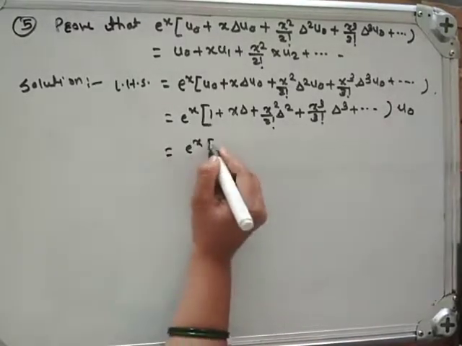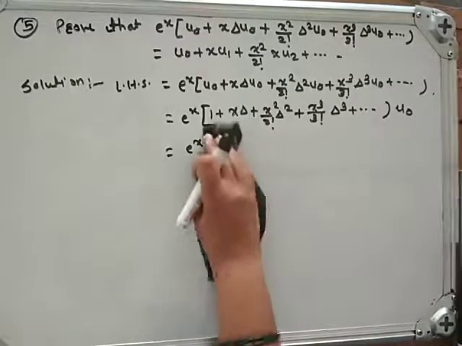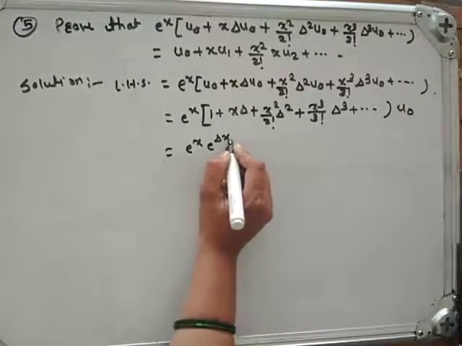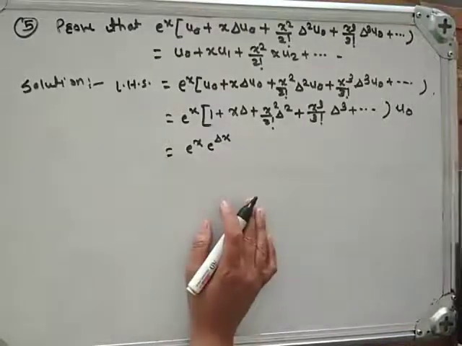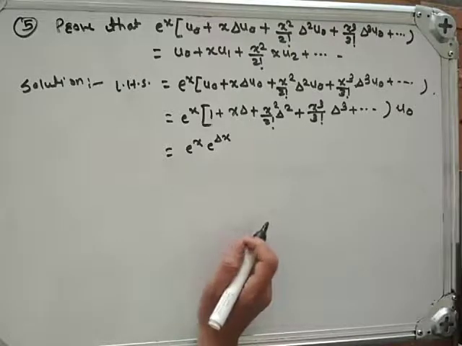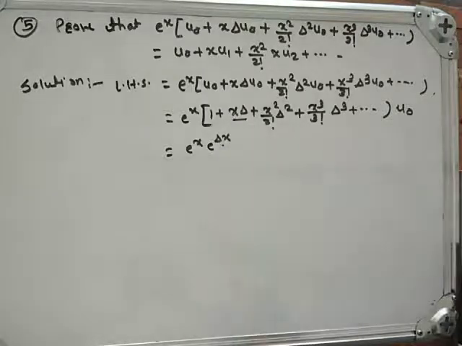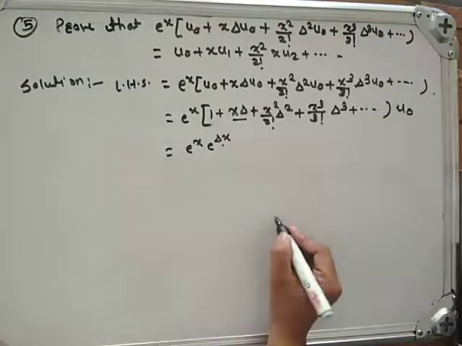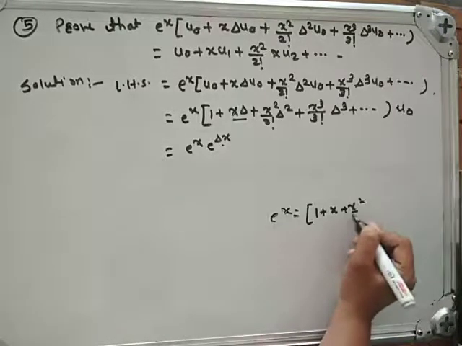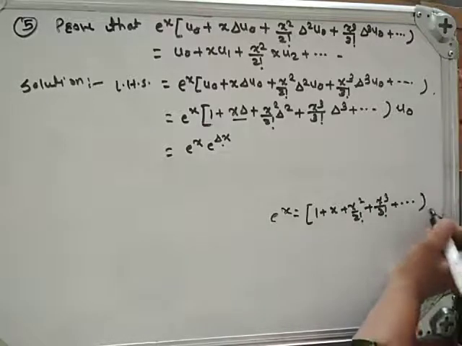Okay, which is equal to e raised to x into e raised to delta x, because here observe that the Taylor series of e raised to x is 1 plus x plus x square upon 2 factorial plus x cube upon 3 factorial plus and so on.